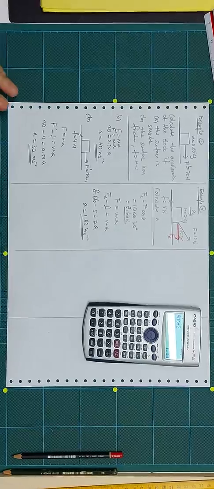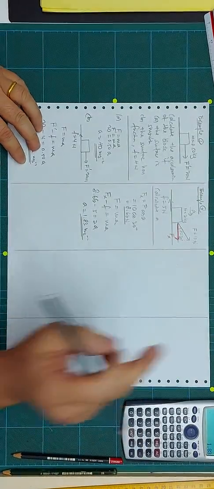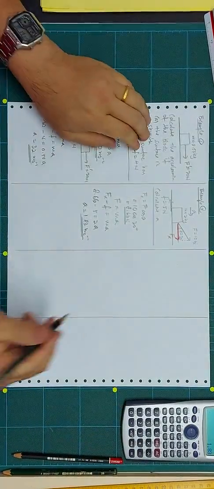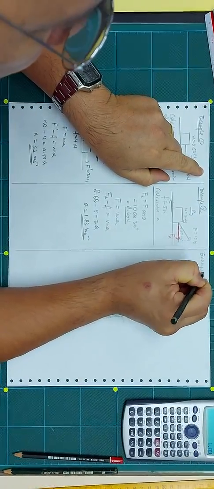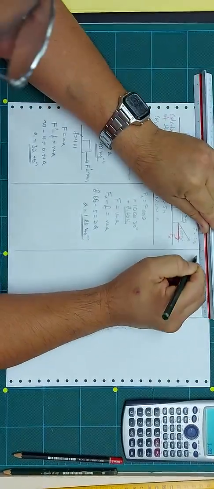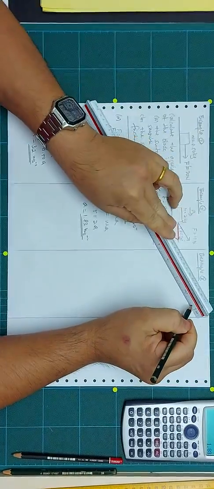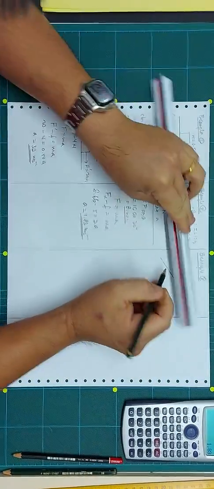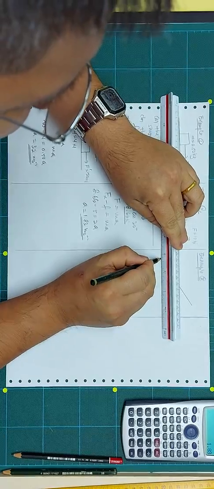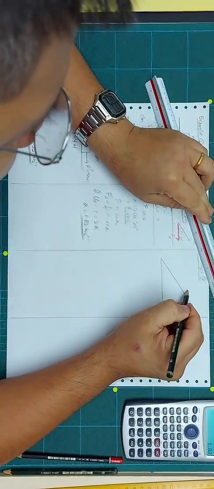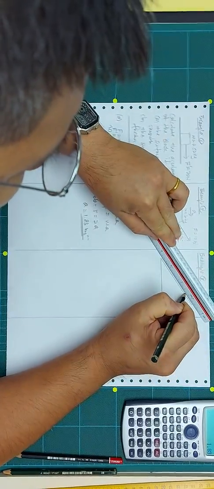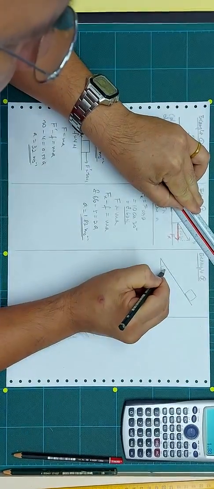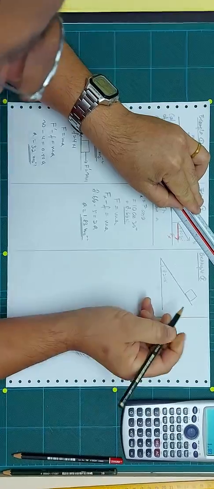Okay, next one, we come to inclined plane. Example 3, inclined plane. We have an object here, and the angle here, theta, is 40 degree.